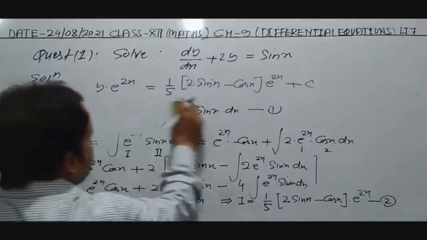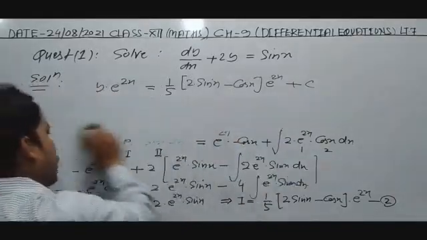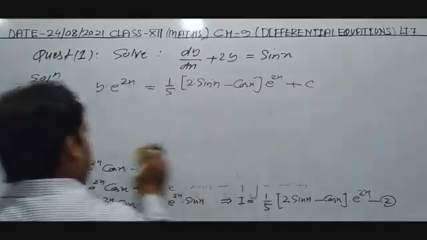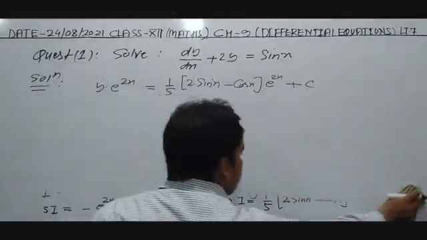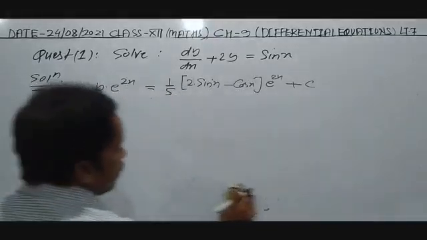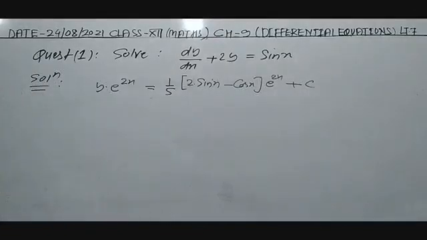So y is equal to e to the power 2x and 1 by 5 (2 sin x minus cos x) plus c. So e to the power 2x is also here.